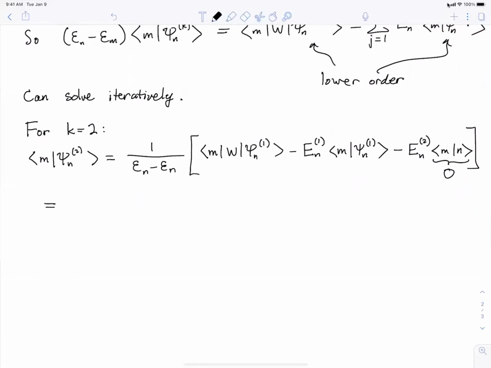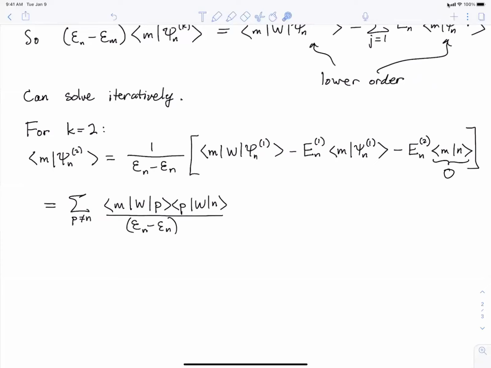This is going to look like the following. Sum over p not equal to n of ⟨m|W|p⟩⟨p|W|n⟩. And then there's an energy difference E_n minus E_m. That's just coming from this overall factor.